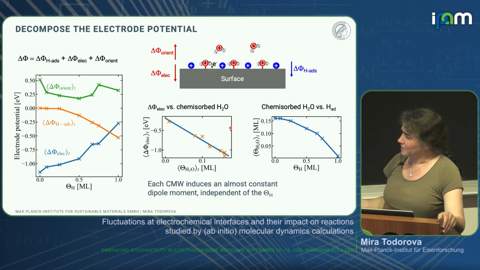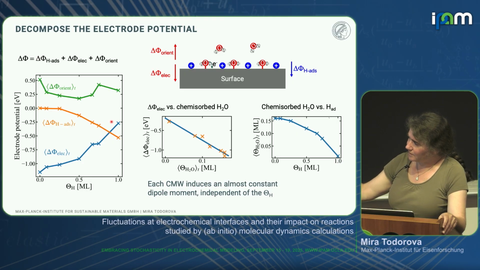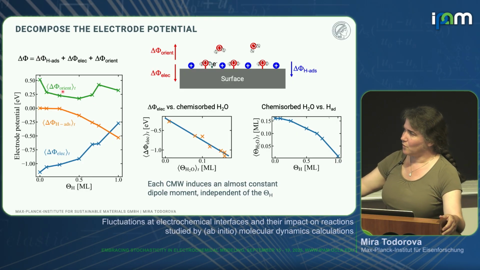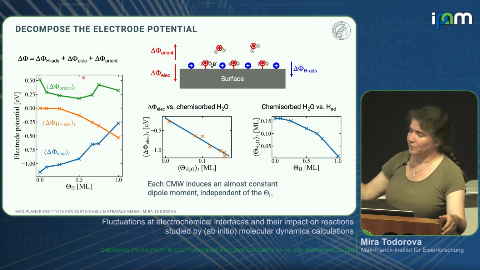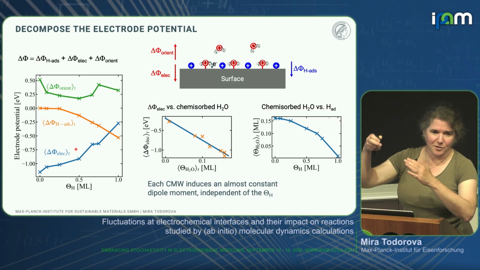What is also interesting to notice, sorry, I was too fast: if we look here at the behavior of the contribution that comes from the electron transfer from water and the one that comes from the reorientation of the water molecules, up to maybe half a monolayer they seem to be very similar, but in opposite directions.